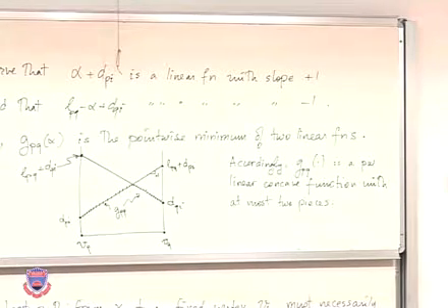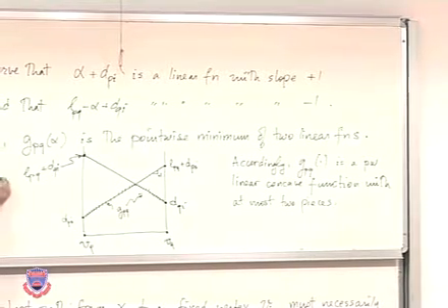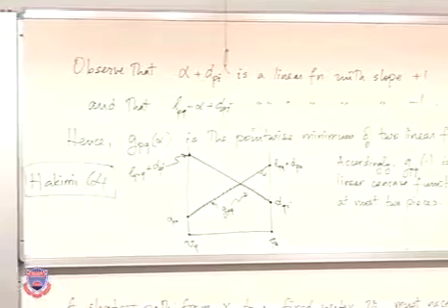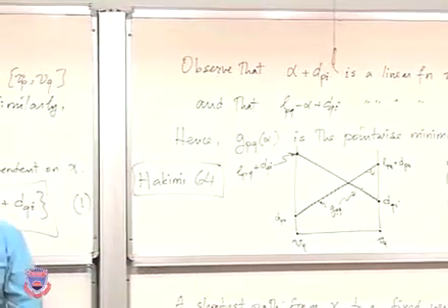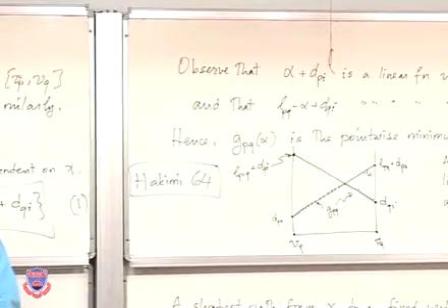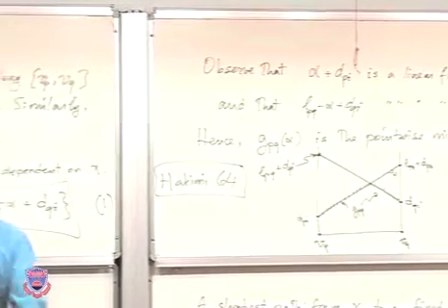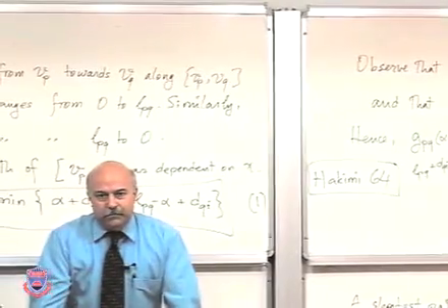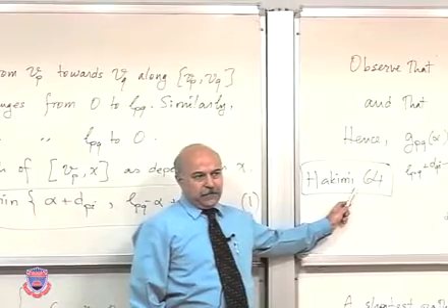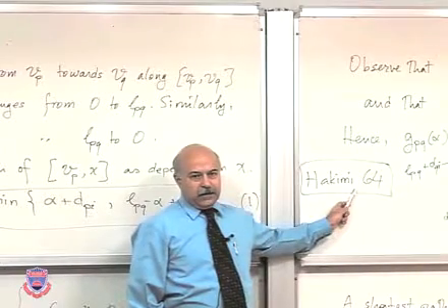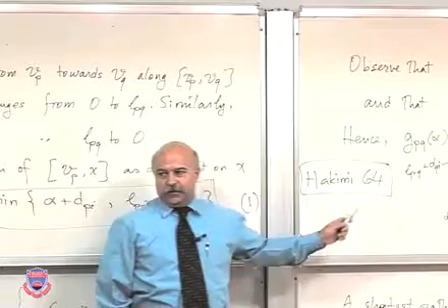Now, this property was first observed by Hakimi. Please memorize this name, because that's an important name for network location theory. The entire network location theory started back in 1964 with an initial paper by Hakimi. He's originally Iranian, but he lived in the United States.